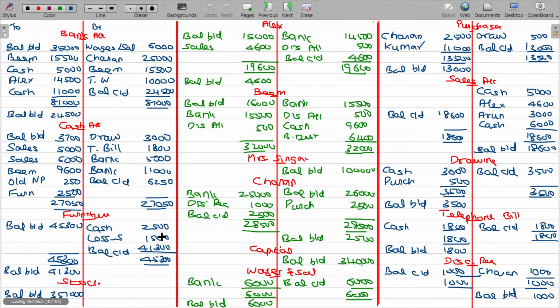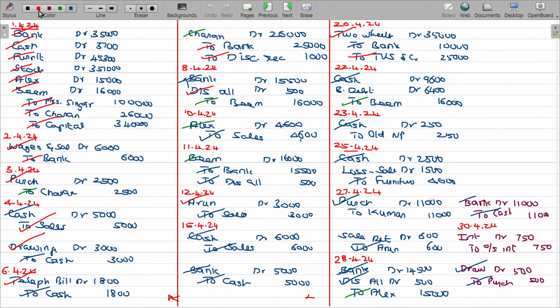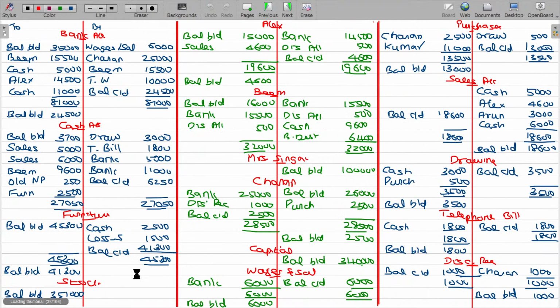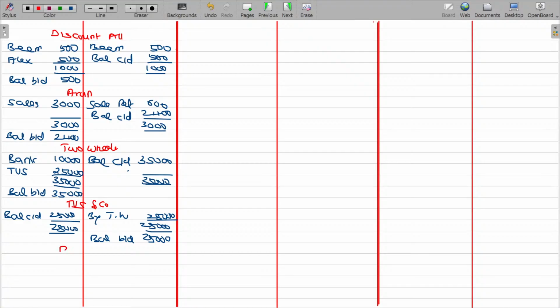Then we have a new account called bad debts. To Beam 6,400. Balance carried on 6,400 and balance brought down 6,400. Clear?